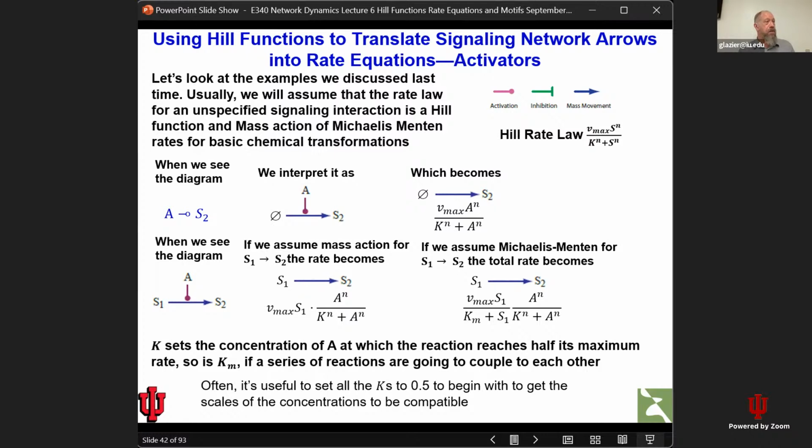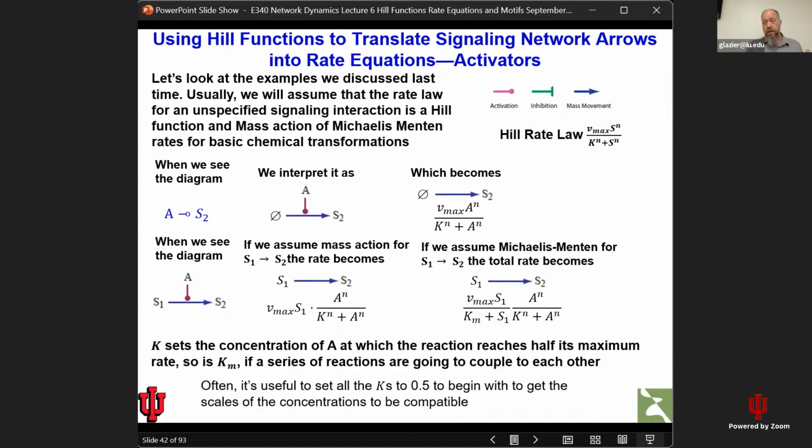And so if we have a signaling network, and we've seen this slide before, and we say that A promotes S2, what that means is that there is something that is producing S2, and the rate of production of S2 is regulated by A, and A is an activator, which means that the more A we have, the more S2 we get.